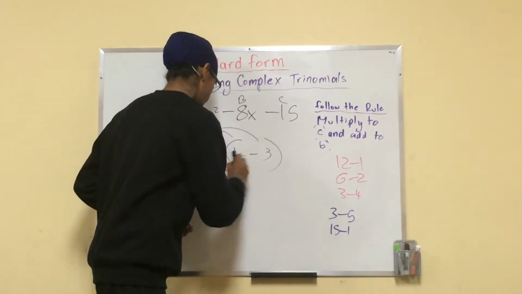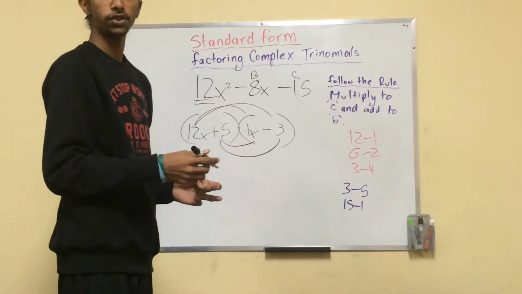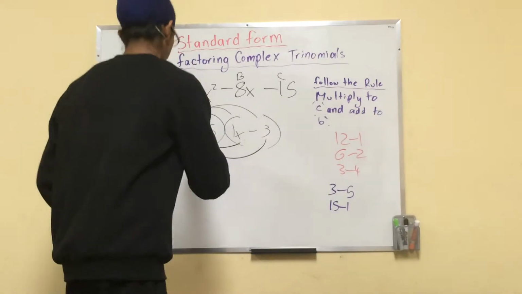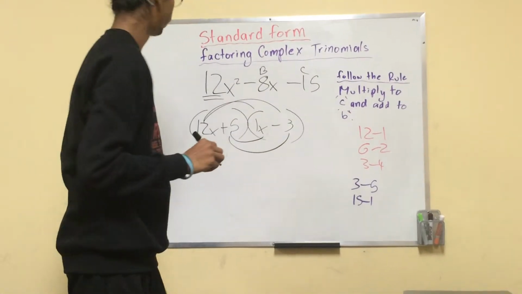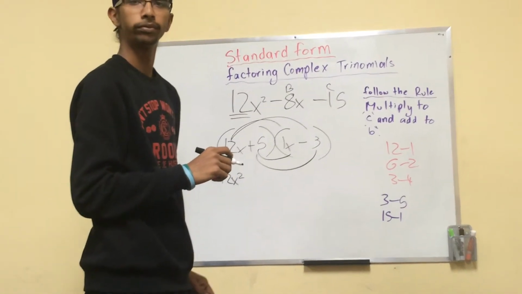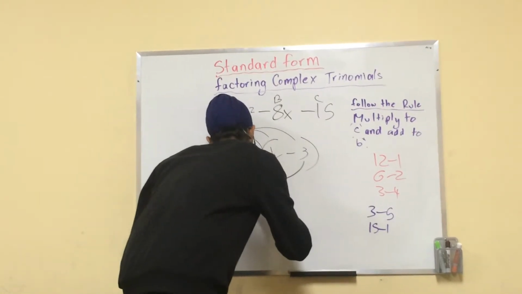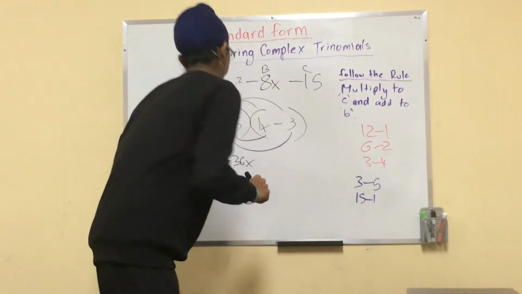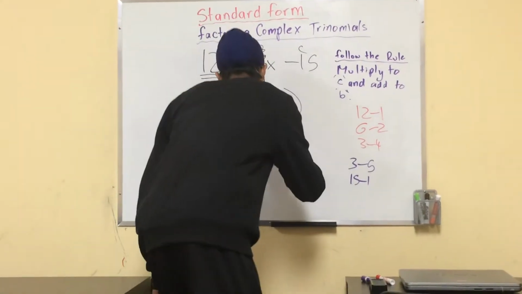Okay, what's 12x times 1x? 12x squared? Correct. What's 12x times negative 3? I'm not sure. Okay, it's negative 36x. Now what's 5 times 1x? 5x? Correct.